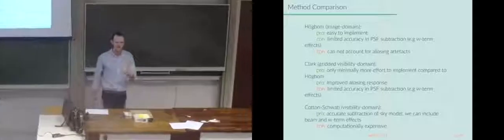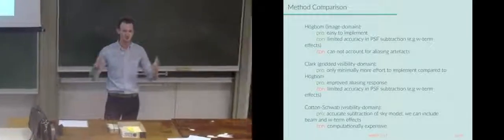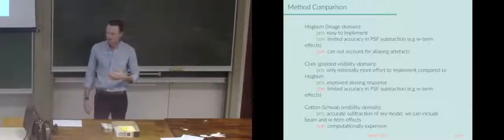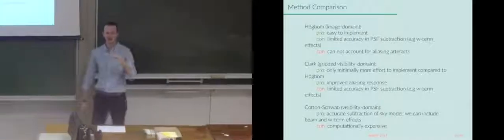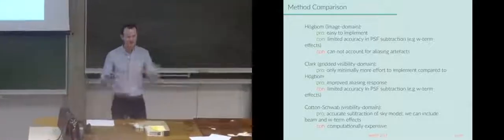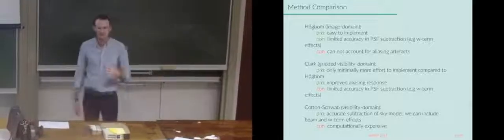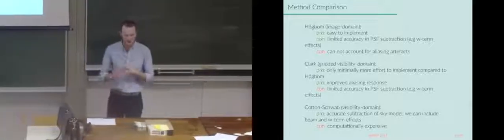We've made this assumption that the PSF remains the same throughout the image. And as you may remember from last week, the PSF changes because of the W term effect. So if you're doing a wide field image, Högbom's not going to do a very good job of deconvolving out that PSF. It's going to leave behind all sorts of artifacts.